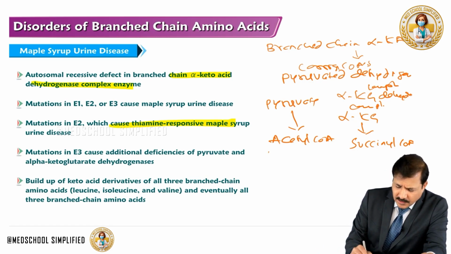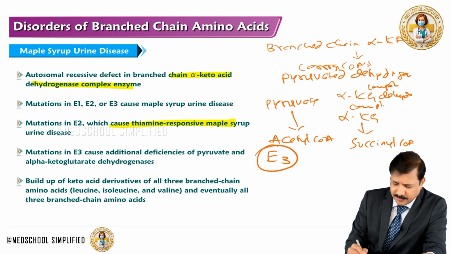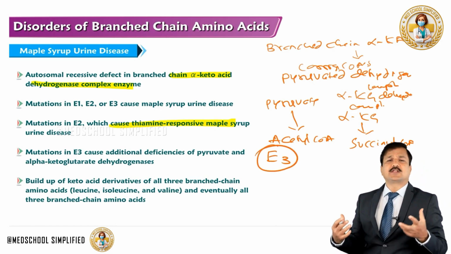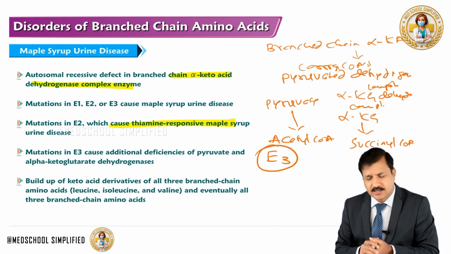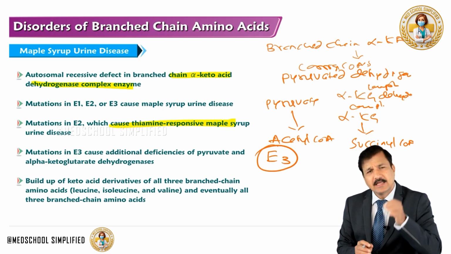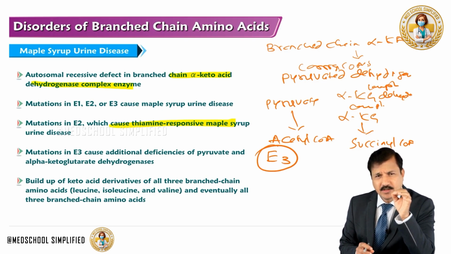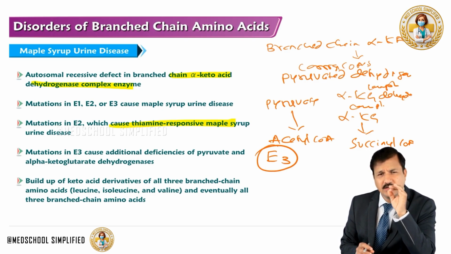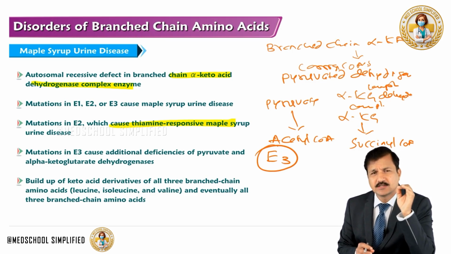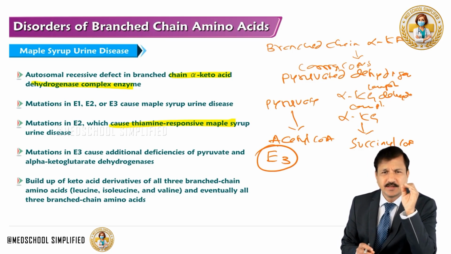So, if there is a mutation in the E3 subunit, why will it affect all the 3 enzymes, other than the branched chain alpha-ketoacid dehydrogenase? It is because the gene that is coding for the E3 subunit is the same for all 3 enzyme complexes, which I have mentioned in my pyruvate dehydrogenase complex lecture.